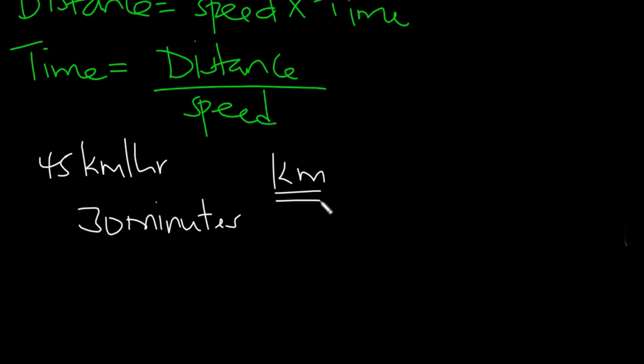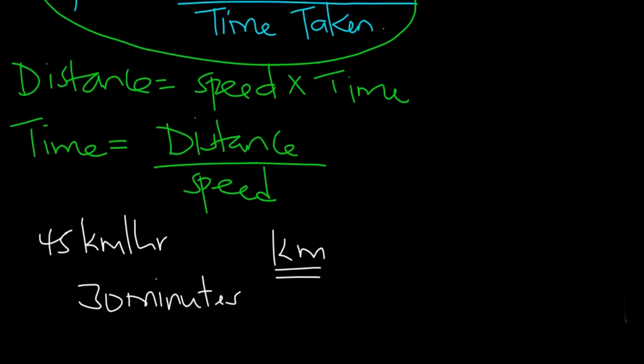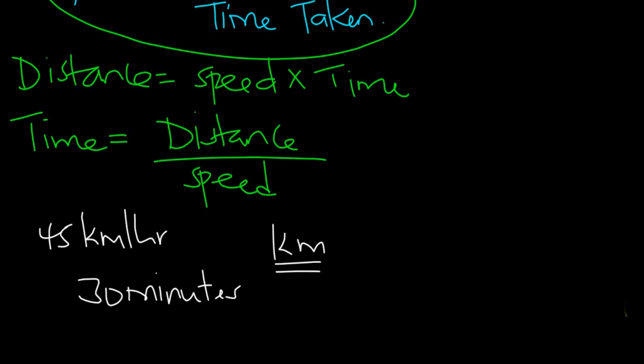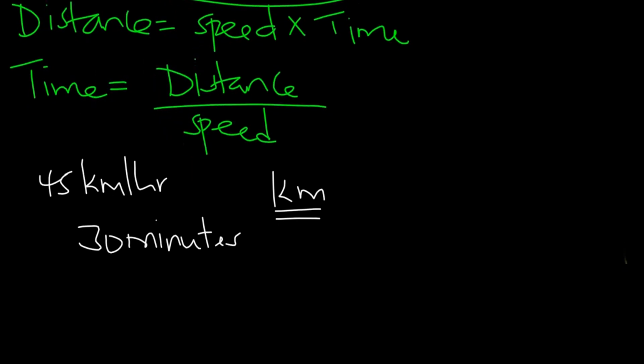Alright, so as we have mentioned, distance will be found by multiplying the speed by the time taken. But for this case, you can see that the speed is in kilometers per hour and the time is in minutes. Okay, so we're going to convert these 30 minutes into hours.